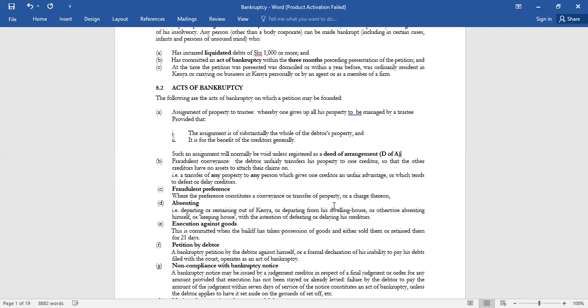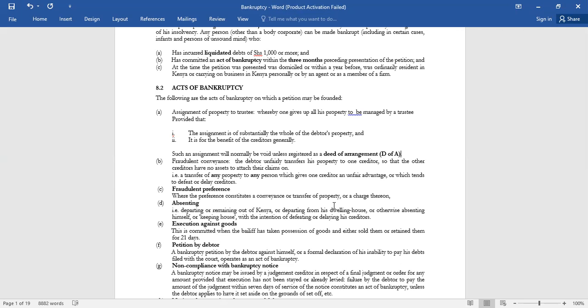If this is not the case, the bailiff will go ahead and try to recover the debt owing by selling that property or the goods they are in possession of. If you will not have done so by 21 days and they go ahead and dispose of the goods that they were in possession of, then this is an act of bankruptcy. The court can declare you bankrupt.